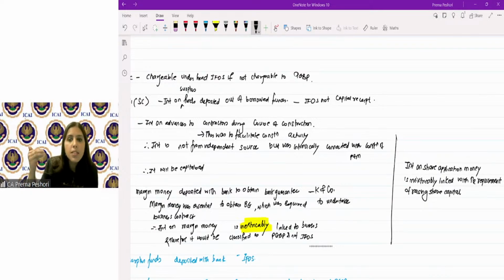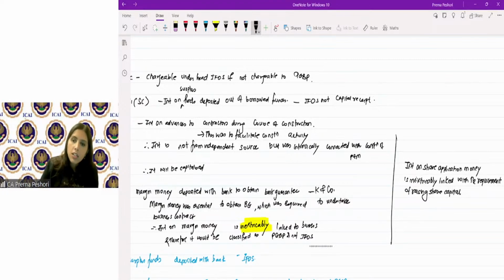So any surplus money deposited in the bank, that is of course subject to tax under income from other sources if I earn interest on that surplus money.